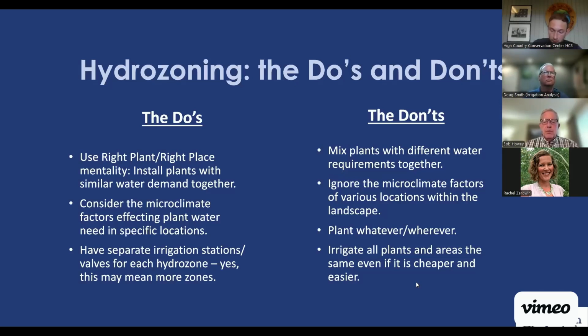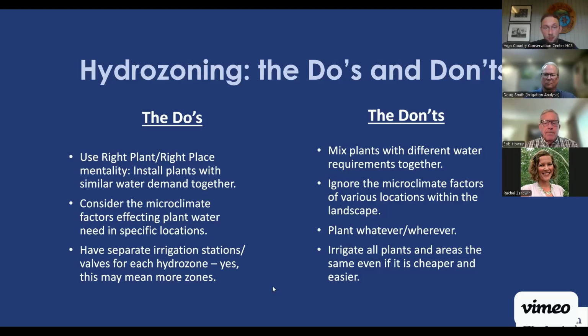But when it comes time for installation, you all can speak up and say, these zones need to be separated so that we can water this properly and efficiently, and not use excessive amounts of water and not kill plant material with too much or too little water. So it's not too late at installation, or as you go to installation, or even when you're looking at a plan, to say, hey, why are we doing this here, and let's change this up a little bit.